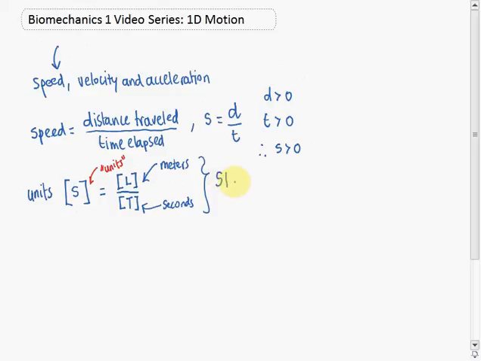It's basically French for the International System of Measures, which dictates that speed is going to be measured in meters per second. Okay, that is the international standard. Unless you're in the States, then you'll go by feet per second, but that's a different matter. We're dealing with the metric system, so it's always going to be meters per second, right?